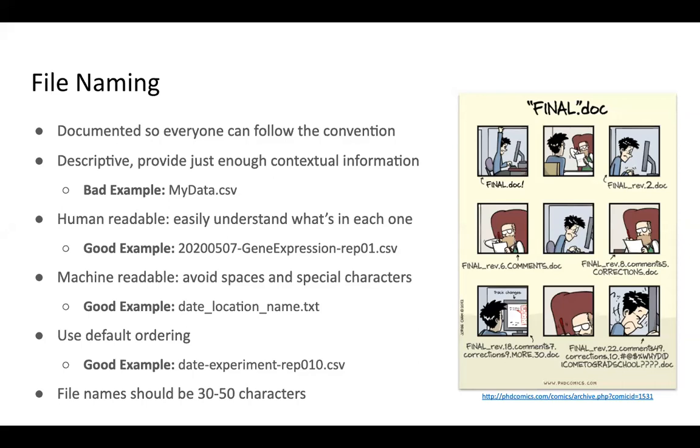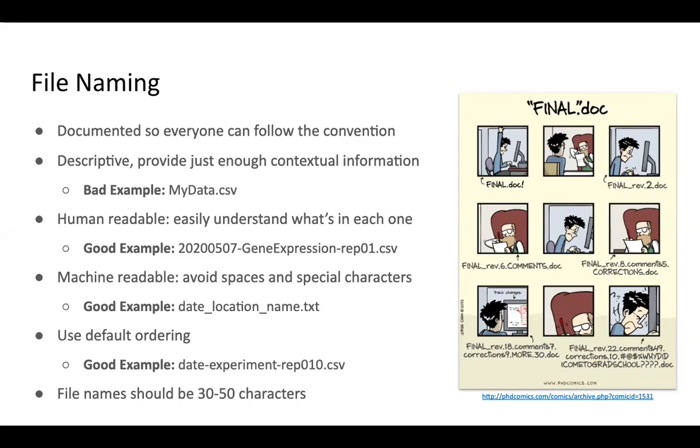You want to avoid spaces and special characters and instead use dashes and underscores. You could also use default ordering, such as alphabetically, numerically, or chronologically, and you want to keep your file names short. Ideally, your file name should just be descriptive enough and contextual enough that others can quickly identify what that file is if it were to live outside of the folder.